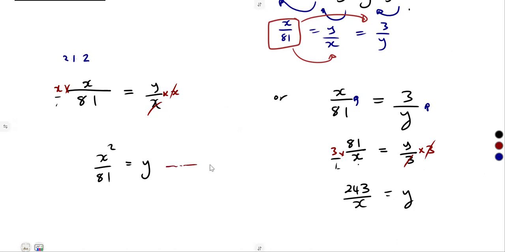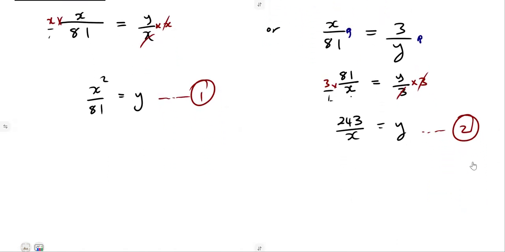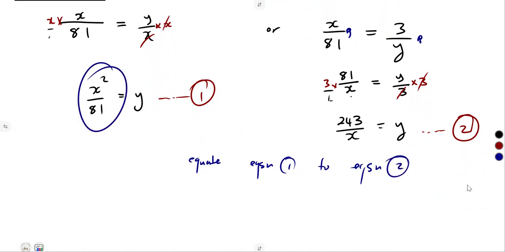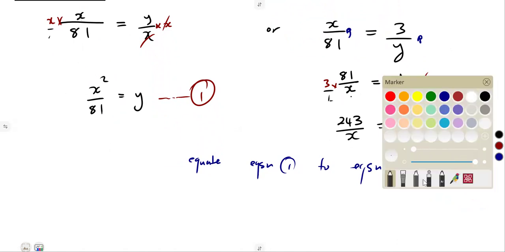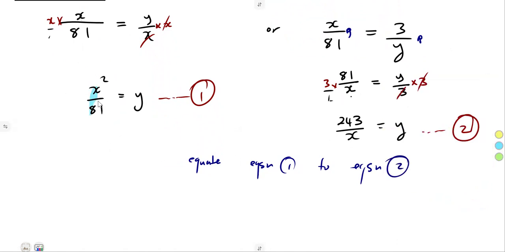So we have got equation 1, y as the subject, equation 2, y as the subject. So simply equate the two just like the previous one. So equate the two equations, equation 1 to equation 2. Where y is the subject here, x squared over 81.